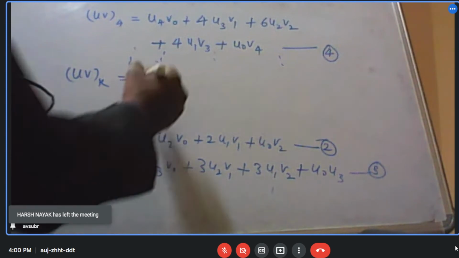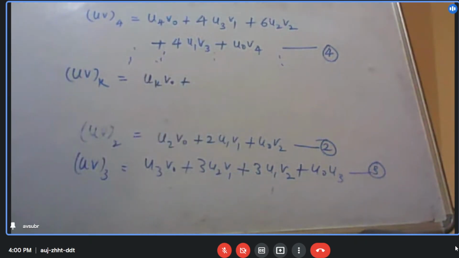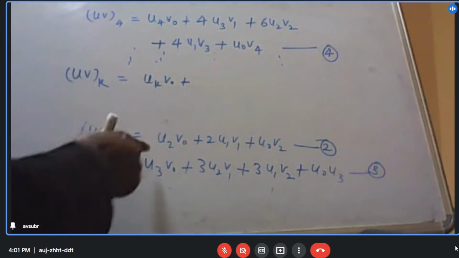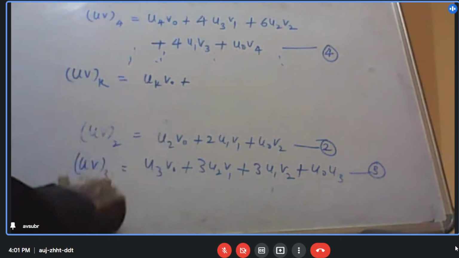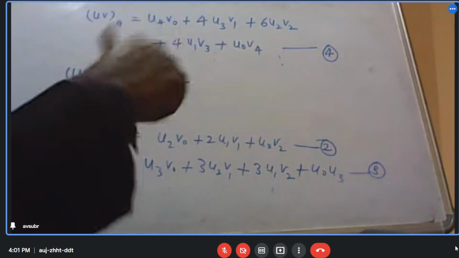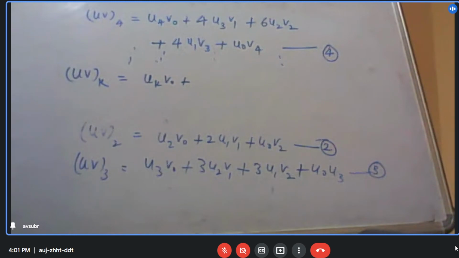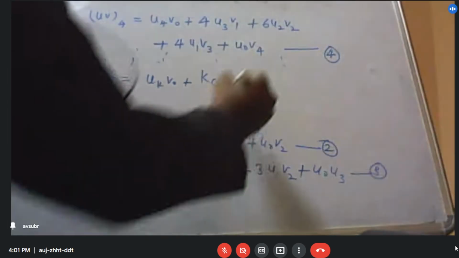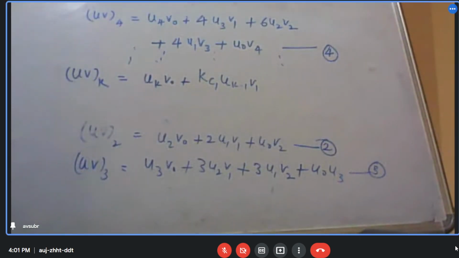What will the kth derivative be? uk v0. Look, when there was the second derivative it was u2, third u3, fourth u4, first u1. So uk v0 plus k into uk minus 1 v1.